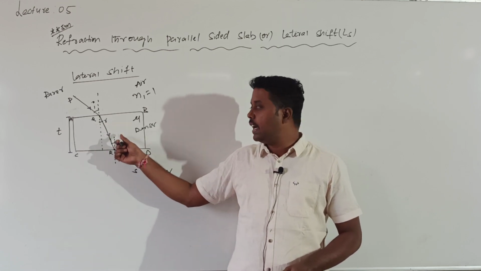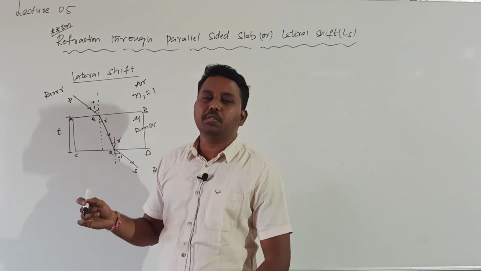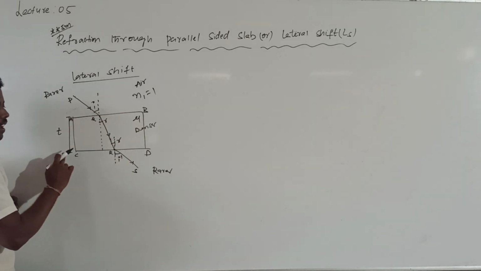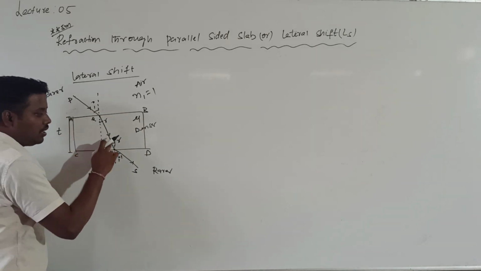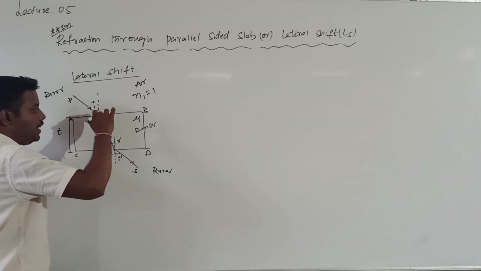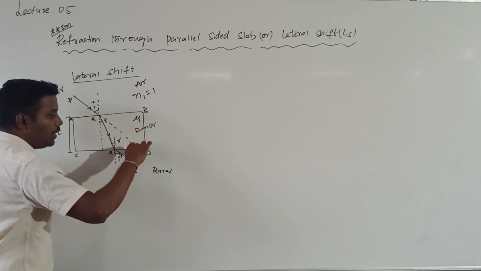Instead of showing it directly I wrote r. You can tell why I took this value r, because in this glass slab the angle of refraction and angle of incidence are both the same. Clear? Now if this glass slab is not there, this is the straight line path followed by the light ray.